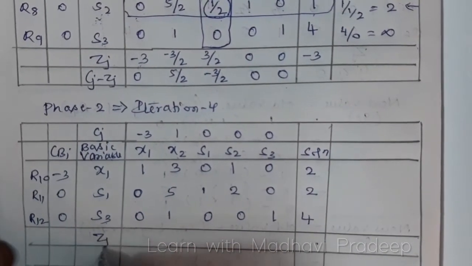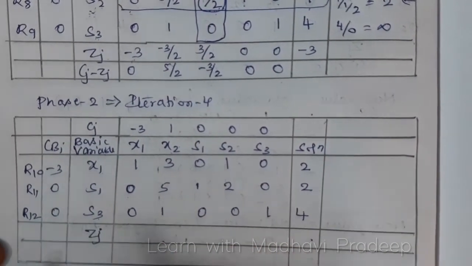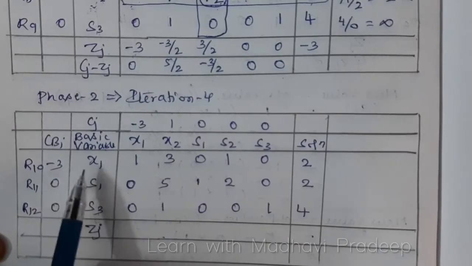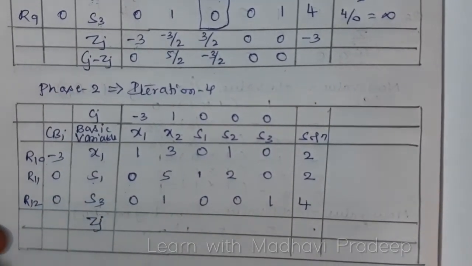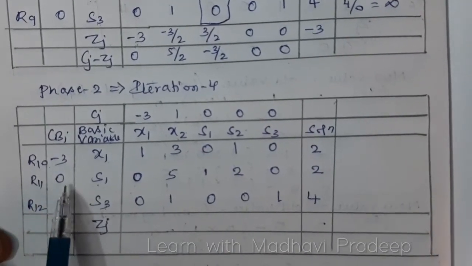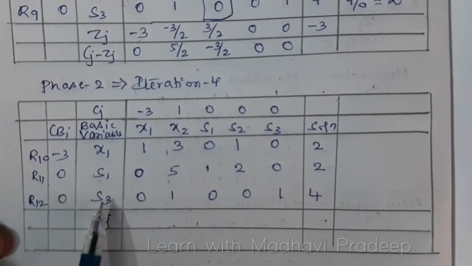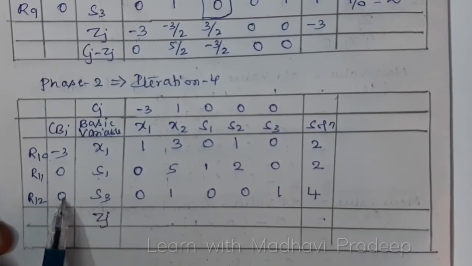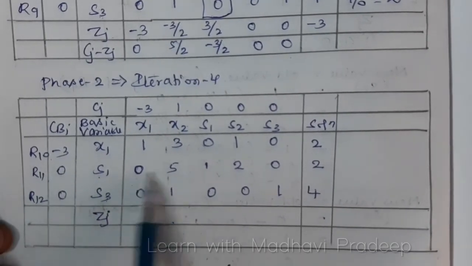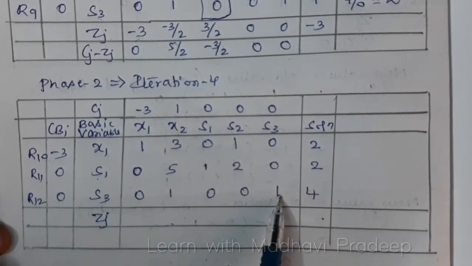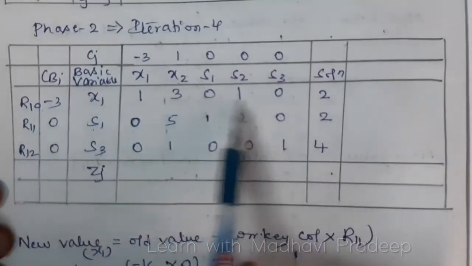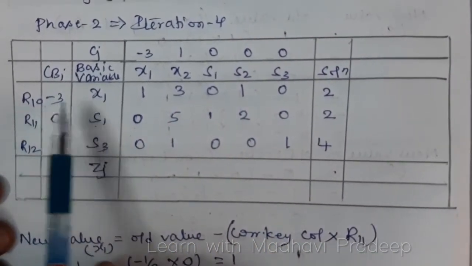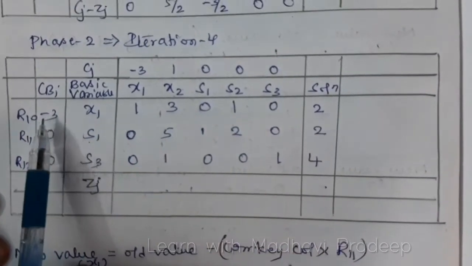Now find the Zj value. Multiply the coefficient of the basic variables, that is the x1 value, s1 value, s3 value, with each column. For the second row we have 0 for s1, and for the third row, that is s3, 0. When you multiply 0 with these rows, you will get 0 only. Only this row will give you values.